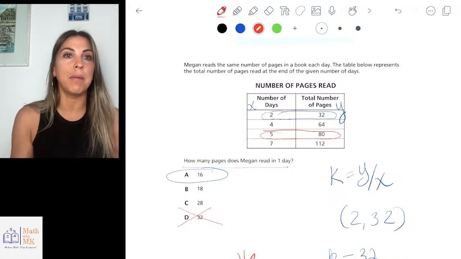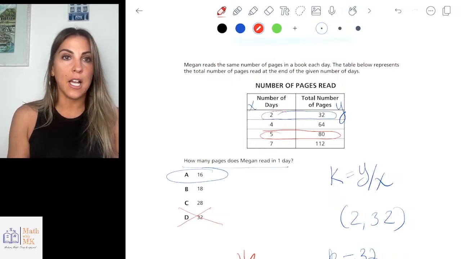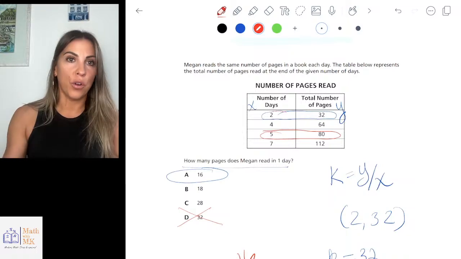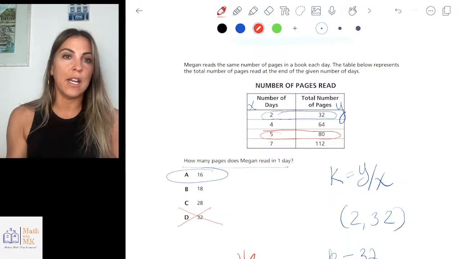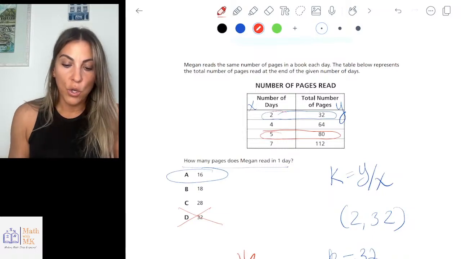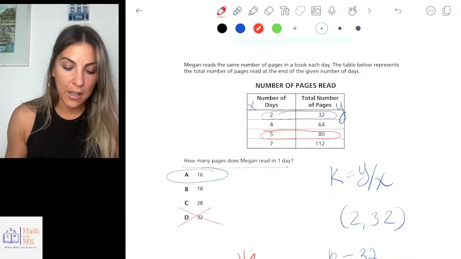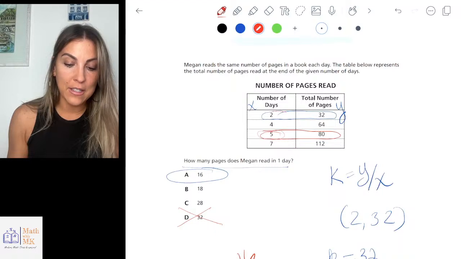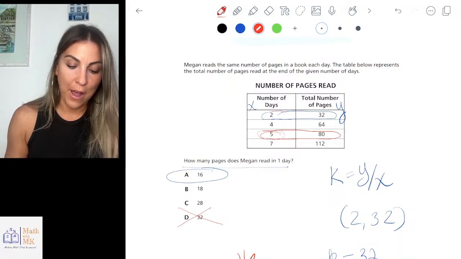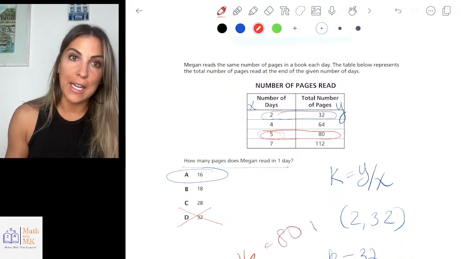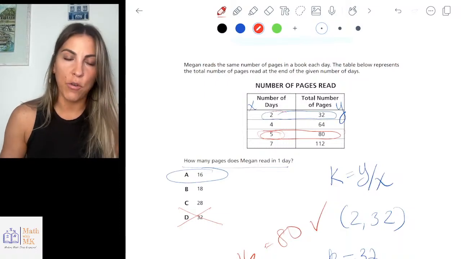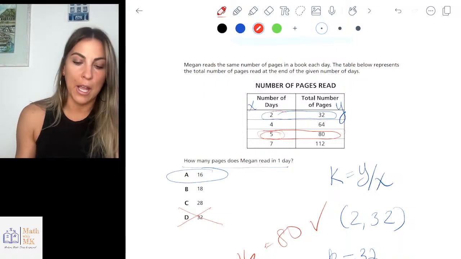So if it's 16 pages in 1 day, then 16 times 2 tells me she reads 32 pages in 2 days. 16 times 3 will tell me how much she reads in 3 days. 16 times 4 in 4 days. So (5, 80) tells me that in 5 days, she should be reading 80 pages. So 5 times 16 better be 80, and it is. So that's how I know that I'm correct about how many pages she reads per day.